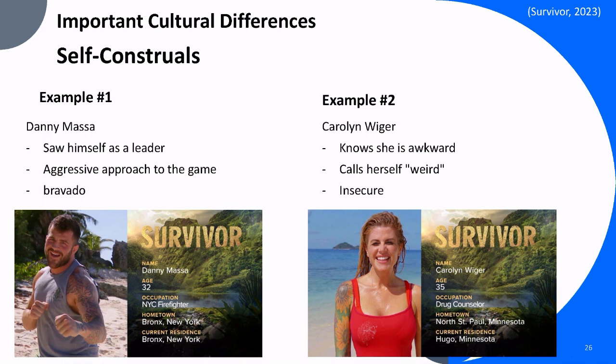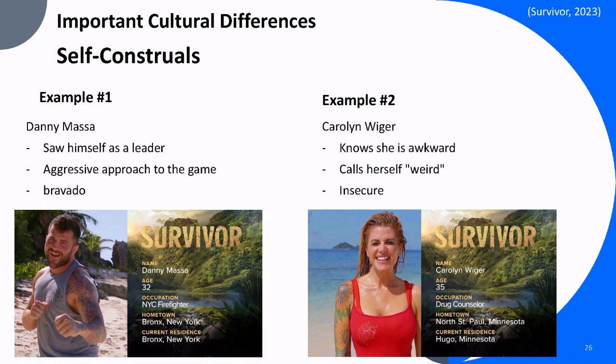Whereas example number 2, Carolyn, was a player that came in with some insecurities. She knew she was awkward. She knew she was different. She wasn't sure how people were going to take her, and she kind of lived in that. So again, one isn't better or worse. It was just how they perceived themselves in relationship to the group.